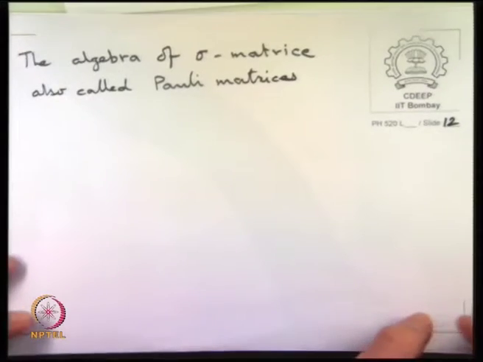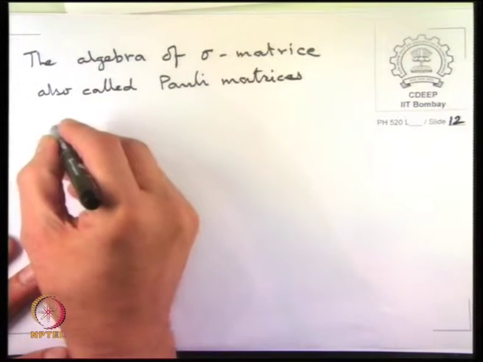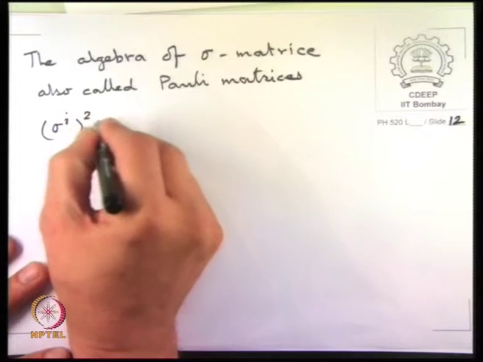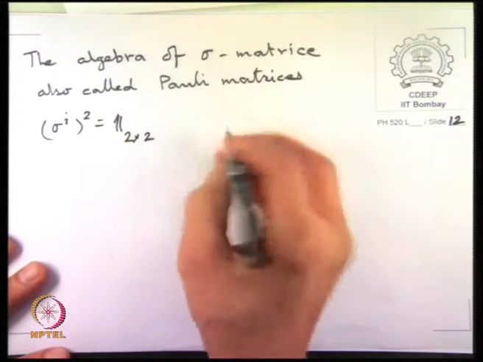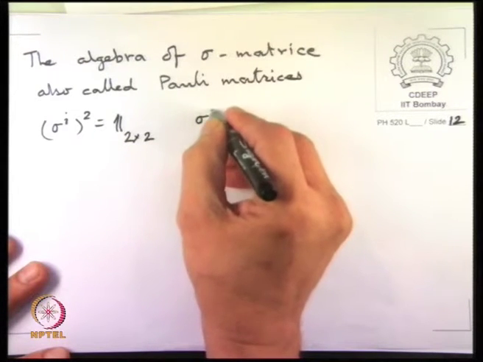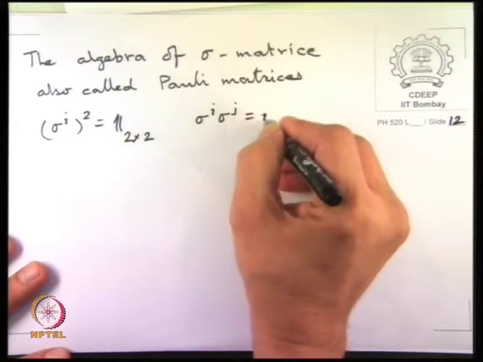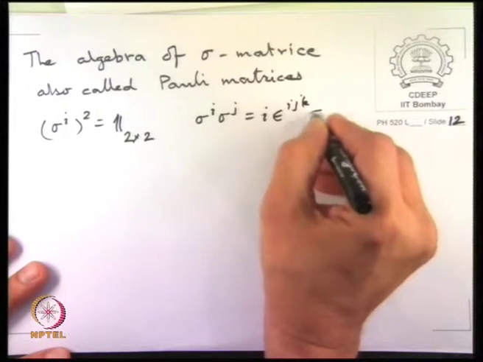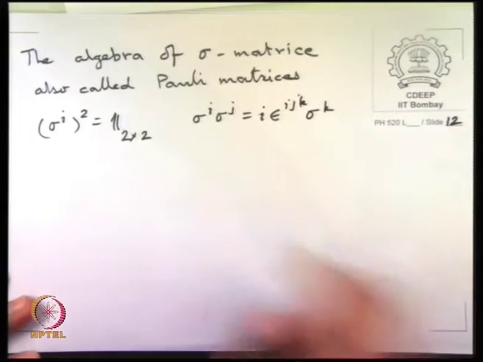I will tell you when to use tau and when to use sigma. So also called Pauli matrices, and the algebra is clear. Any of the sigma i square is equal to the identity matrix. But more interestingly, sigma i sigma j is equal to i times epsilon ijk sigma k. This is a special property, so we check this.